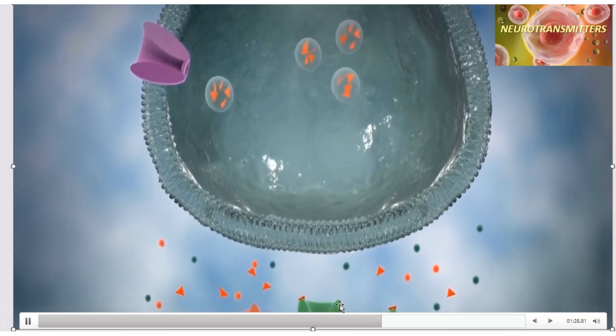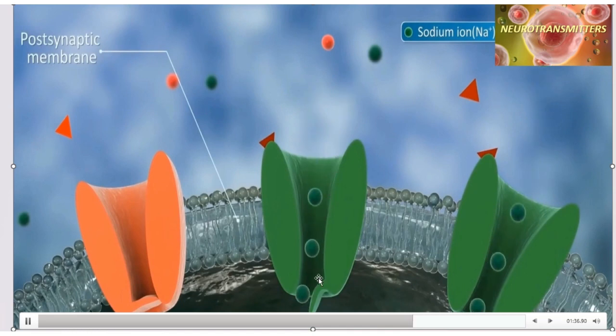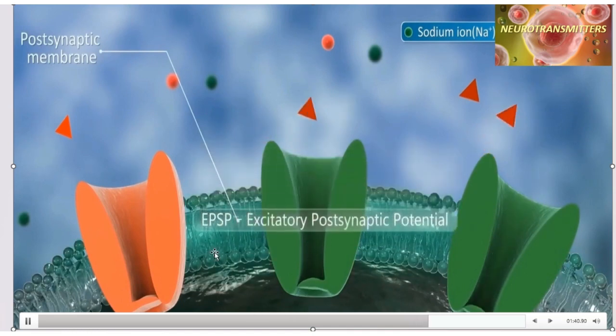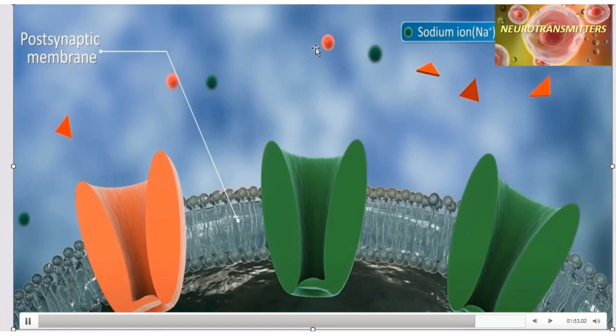See, now this gated ion is excited. These are the gated ions. Now the gated ions are open. So now all these neurotransmitters are passing inside through this membrane, which is the membrane of the postsynaptic nerve. Now it is passed inside. So this is how the ions move from the presynaptic nerve to the postsynaptic nerve.